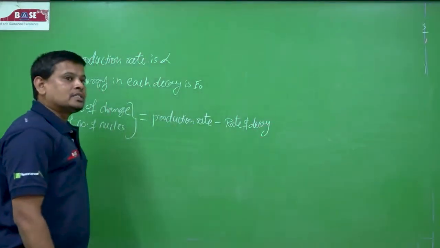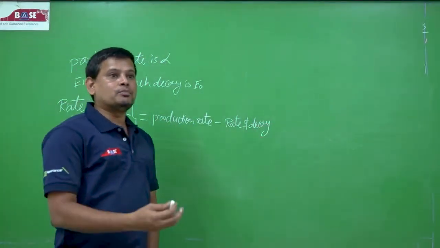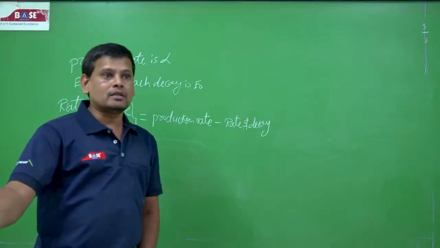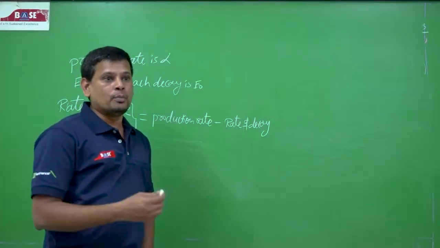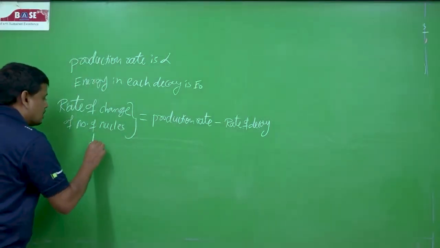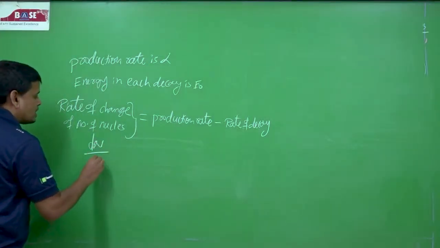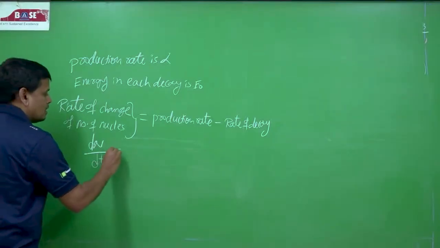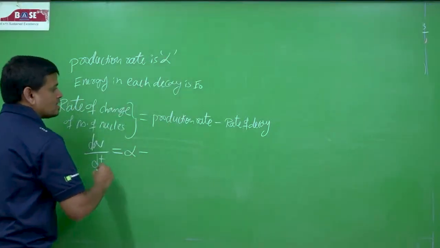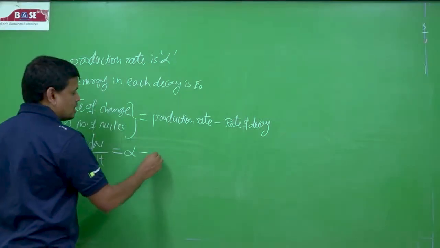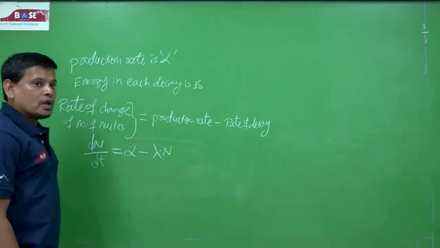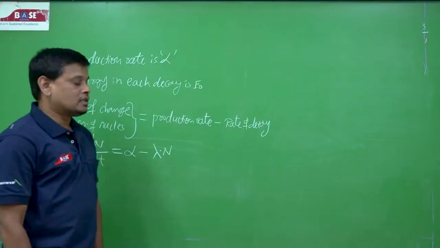So X elements are being produced, and the produced X elements decay into some other form, and by that energy is liberated and absorbed by the water. The number of nuclei changing per second is the production rate alpha minus the decay rate, which we can represent as the decay constant multiplied by the number of nuclei present at that instant.